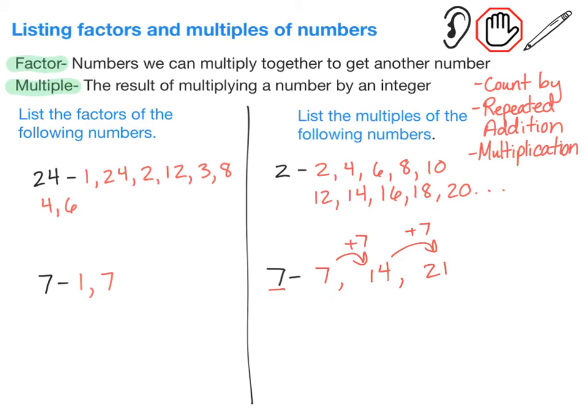So 7 times 1 is 7, 7 times 2 is 14, 7 times 3 is 21, 7 times 4 is 28, and 7 times 5 is 35. 7 times 6 is 42, 7 times 7 is 49, 7 times 8 is 56, 7 times 9 is 63, and 7 times 10 is 70. Now I could keep going, but I've listed the first 10 multiples of 7.